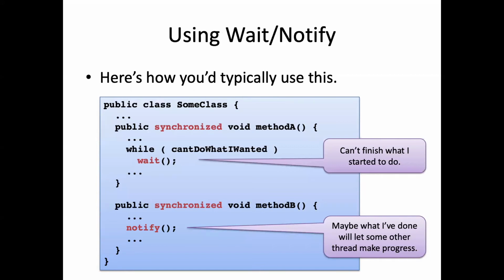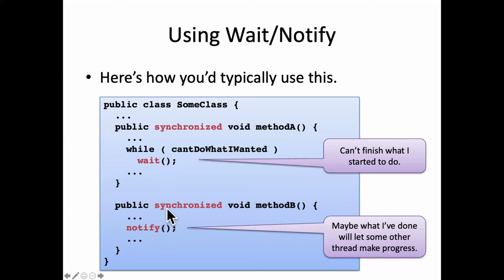But the way you would use them typically looks more like this. They are methods on an object, but if you're running in a synchronized method on an object, so you've got some class, you've got a synchronized method in it, you get into that synchronized method and you realize you have to wait, you'll probably just call wait, because that'll automatically call it on the object you're running in. So when you see wait used inside an object, it's probably going to look more like this. Same thing with notify.